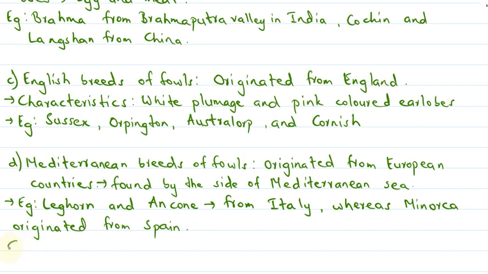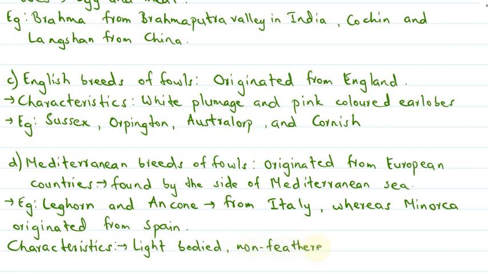So these are the characteristics: they are light-bodied, have non-feathered shanks, lay white-shelled eggs, and are non-sitters.